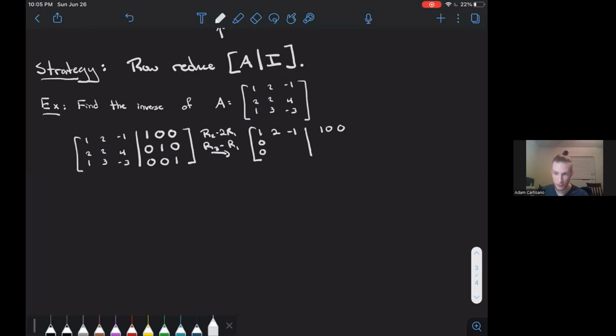We'll have a column of zeros. We also will have negative 2 and negative 1. And the rest of the identity matrix will be the same. And then in these spots, negative 2 times 2 is negative 4, plus 2 is negative 2. Jeez.